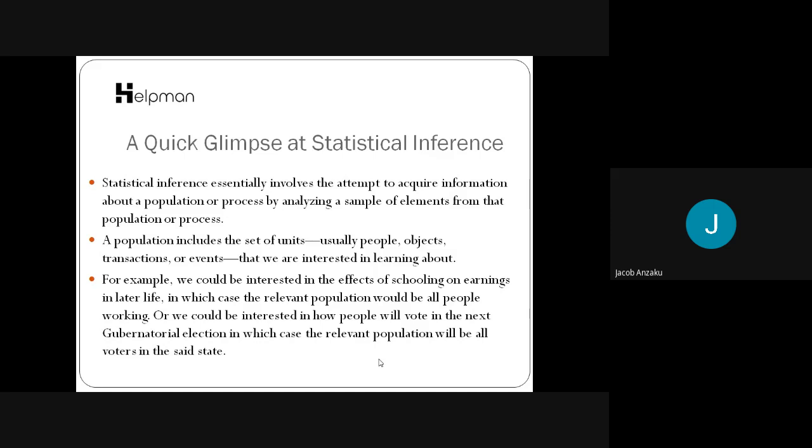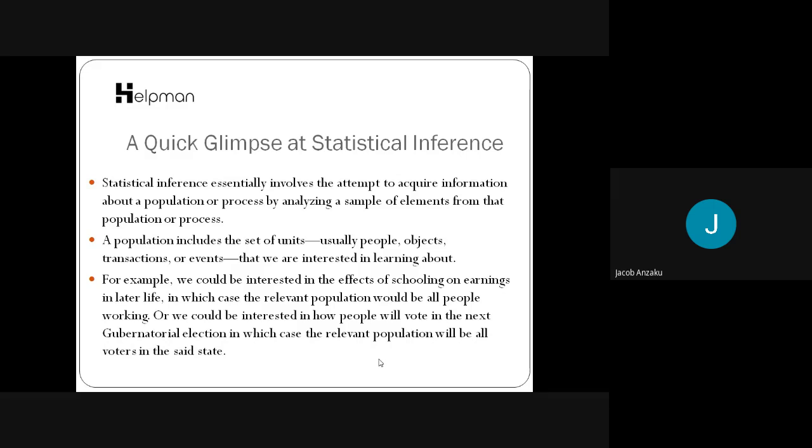So we have a population, and then from that population, we take a sample. The reason being, we cannot use the whole population in the experiment, because it would waste resources, take more time, and so on and so forth. So that is why it is important to take a sample from a whole population.